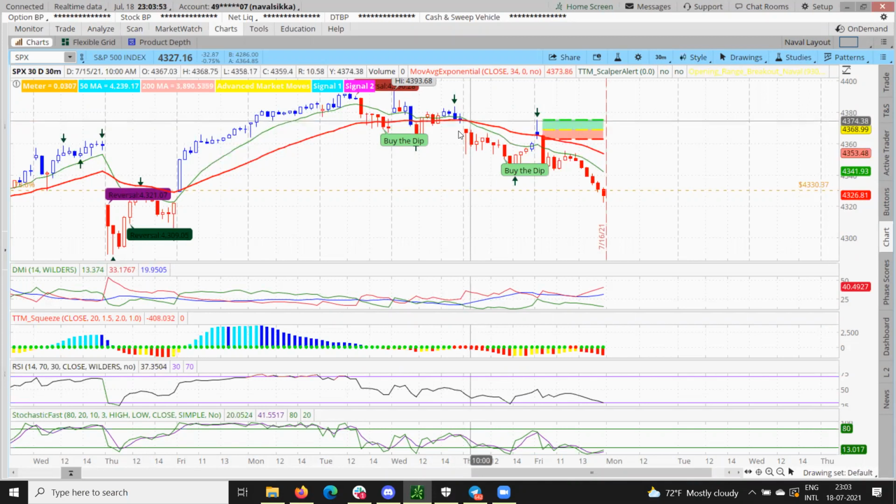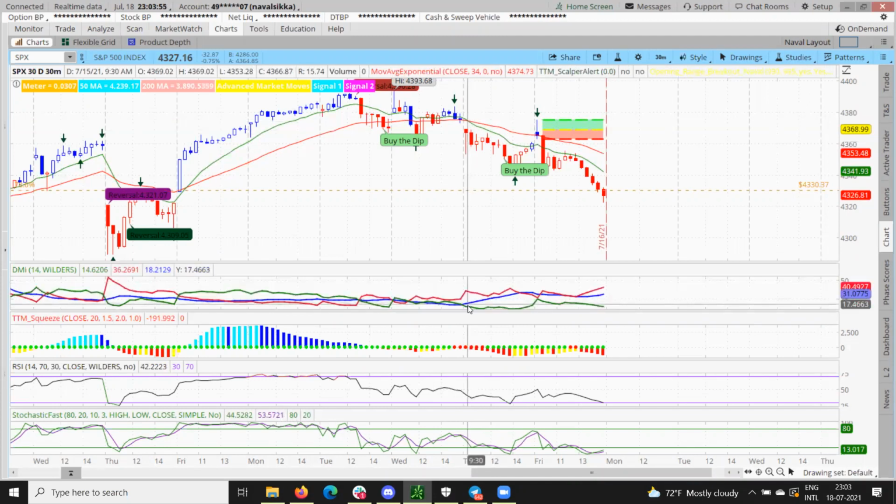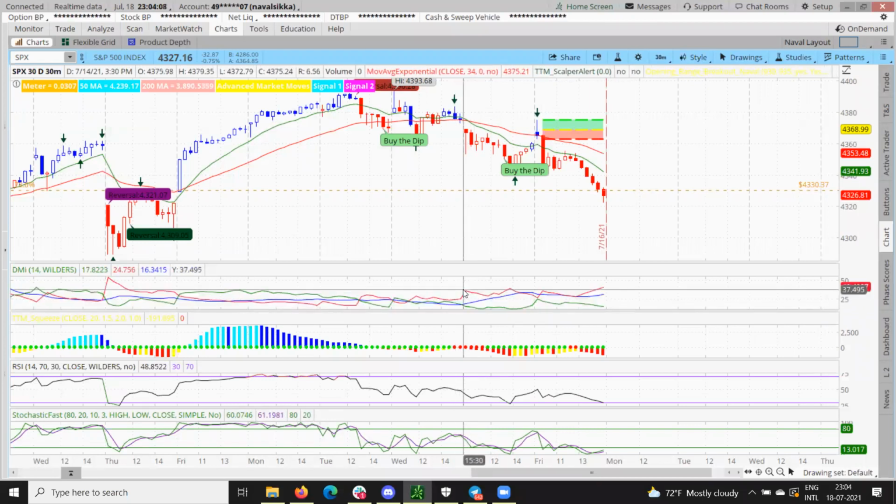Should I go short? No, I need to look at what is happening in the DMI. DMI is telling me that the green is the positive strength in the market. The positive strength is going down, and the negative strength, which is red, is increasing. So it's making a case that yes, we should go short.